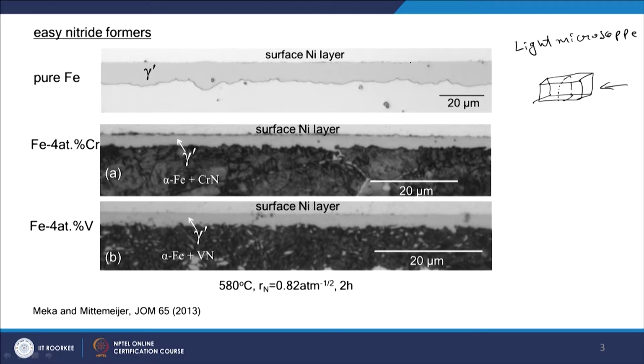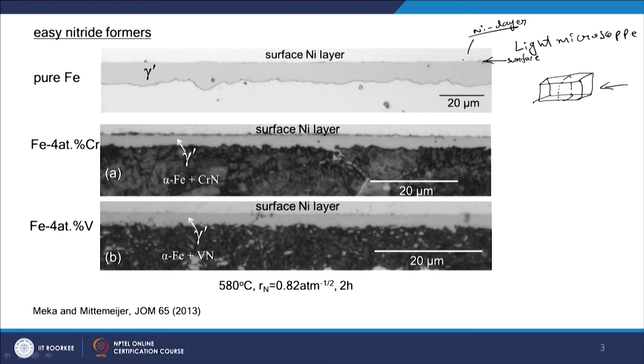Suppose, for example, this is the surface of the actual sample, and what you see on top is a nickel layer. This nickel layer was not there before, but was deposited after the nitriding just to protect these edges.